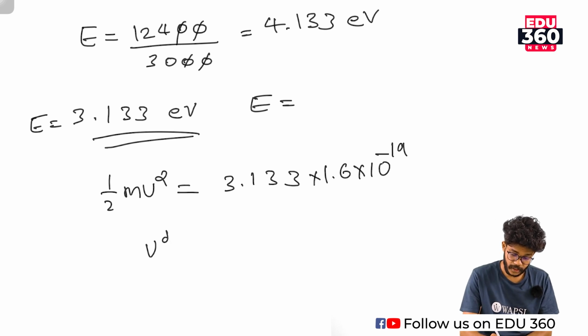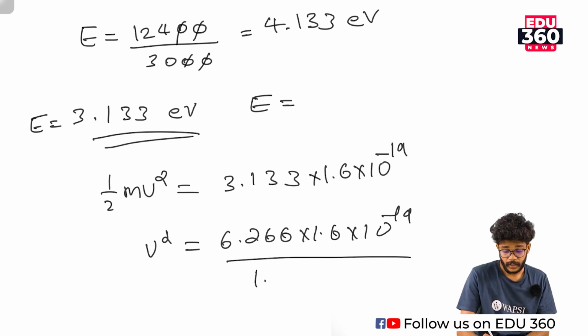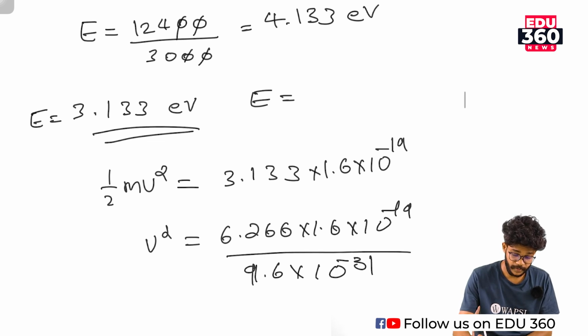So v square is equal to 2 into 3.133 into 1.6 into 10 raised to minus 19 divided by the mass, 9.1 into 10 raised to minus 31 kilogram.